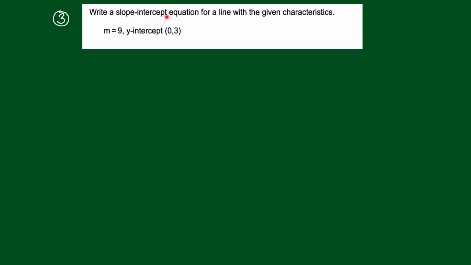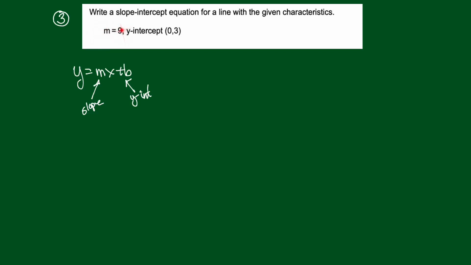Let's write the slope-intercept equation for a line with the given characteristics. Now, first of all, the slope-intercept form is this right here, y equals mx plus b. I've got the slope, and I've got the y value of the y-intercept. Now, I've really got everything I need to know here.